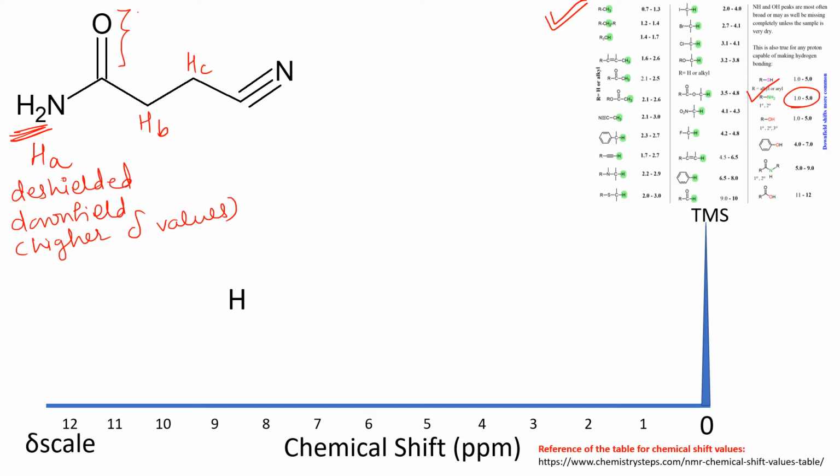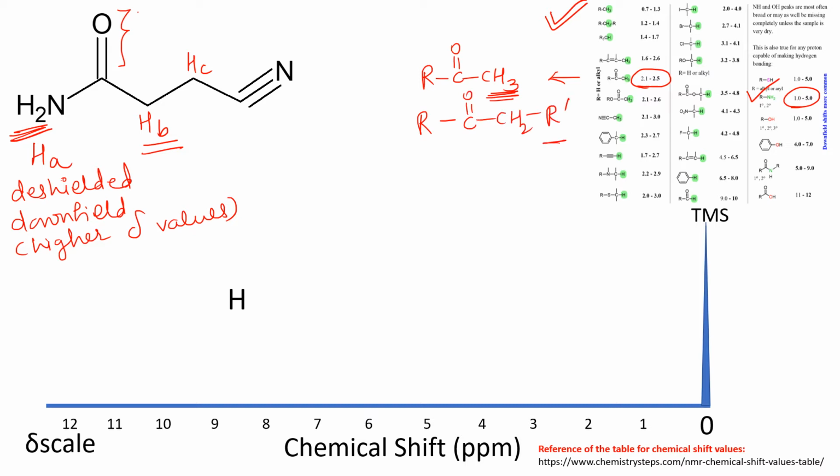Let us move towards HB. For protons that have a carbonyl group adjacent to them, according to this chart, the peak of these three hydrogens appears in the range 2.1 to 2.5. Now what about our structure? Suppose this R for us is NH2, then the carbonyl group, then CH2, and then again we have R dash.